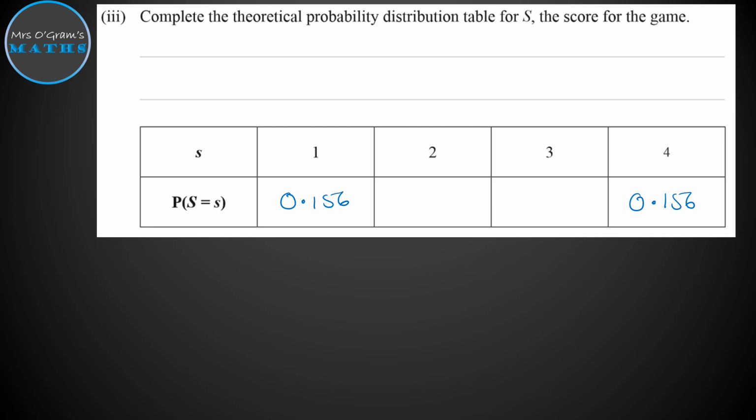So 2 and 3, similarly, because of the symmetry of this distribution, whatever this number is here, it will be the same for 3. Now we know that those probabilities all add up to 1. So if we do 2x plus 0.156 plus 0.156, that will add up to 1, which tells us how much x will need to be.